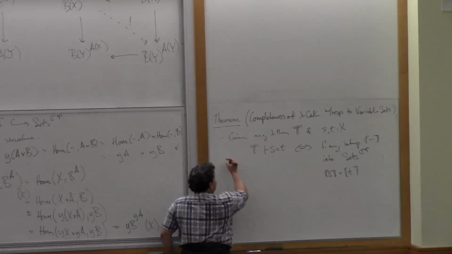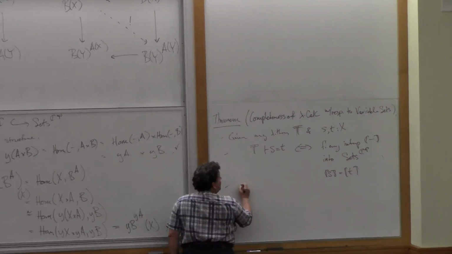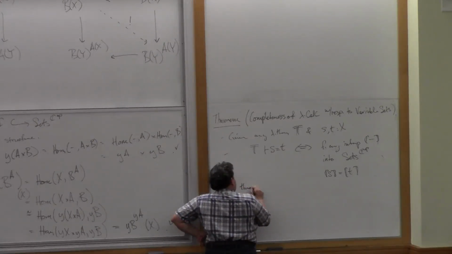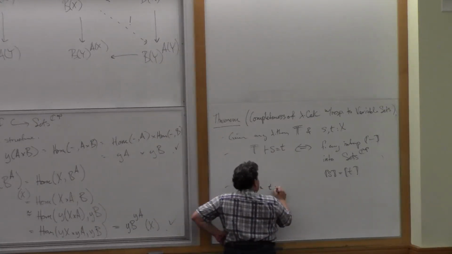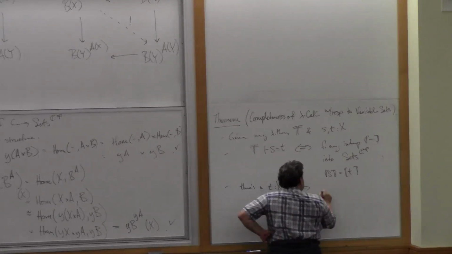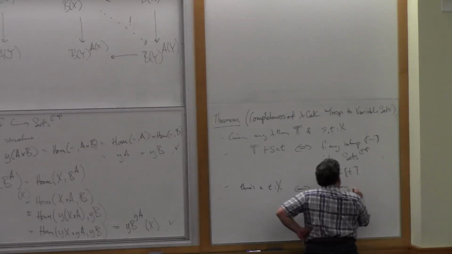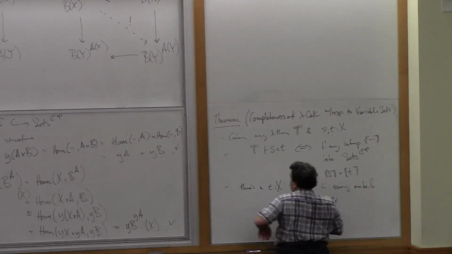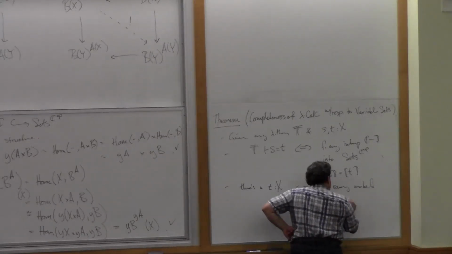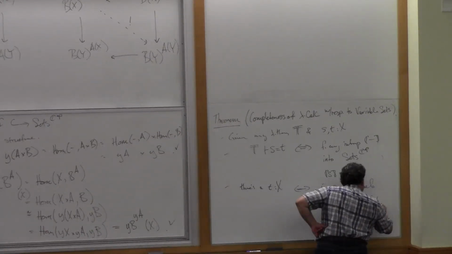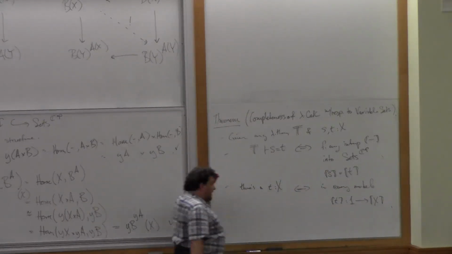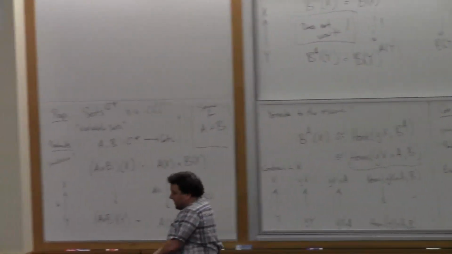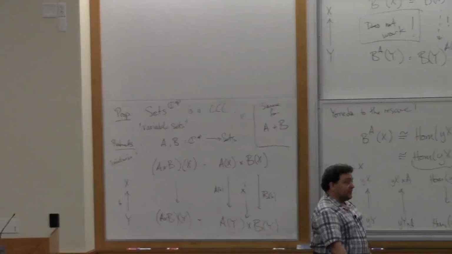Okay? And then there's a similar statement about inhabitation of types. So there's a term T of some type X if and only if in every model there's a closed term T of type X, there's an arrow from the terminal object into the interpretation of X. So that's provability in terms of inhabitation, and it's provability in terms of the convertibility of the terms.